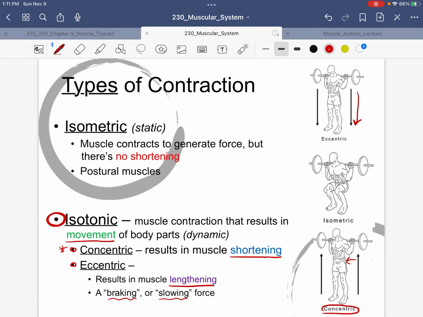The pushing up, that's where the actual lift happens. That's where you're exerting the most force. However, to get in this position, to crouch down before I can push back up, we have a lengthening of the muscle. And you have to contract some muscles in order to do that with control.